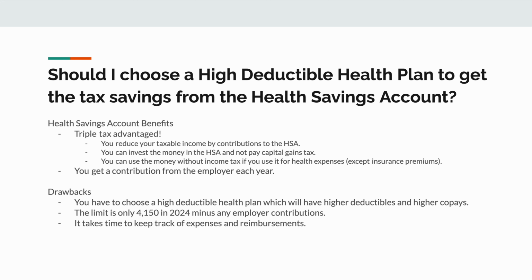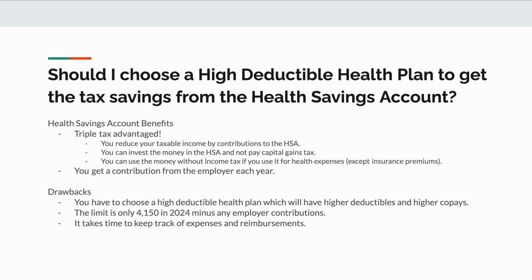That doesn't count for insurance premiums, but other health expenses will be free from income tax. You also usually get a contribution from your employer for these sorts of things. Those are the benefits.